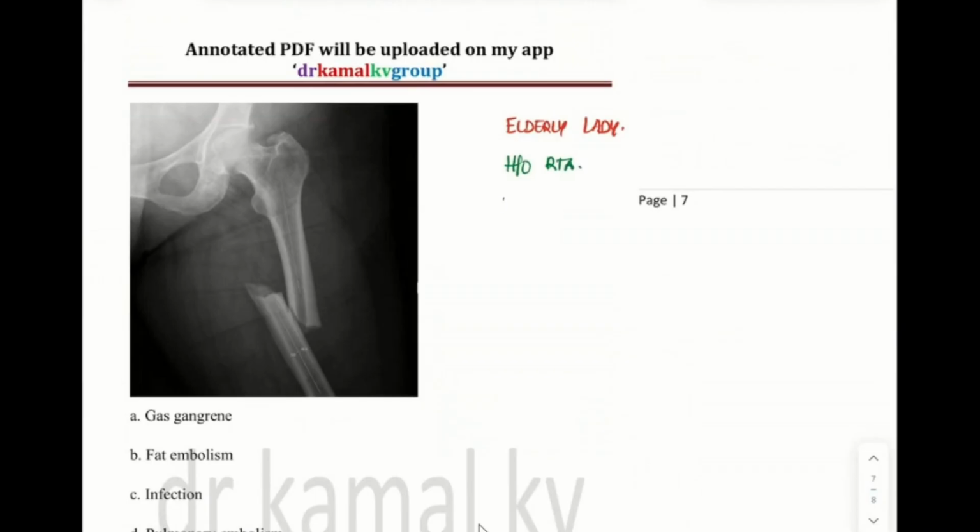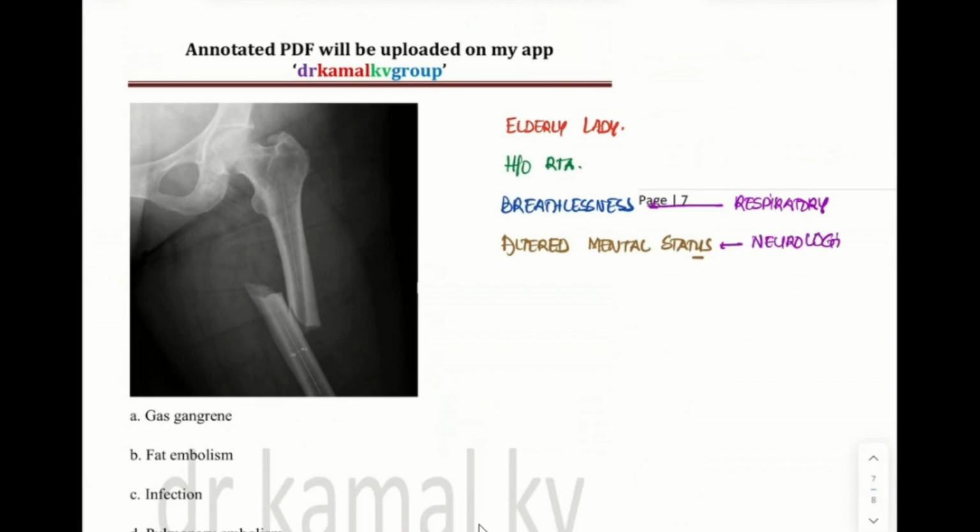Now, the lady is having breathlessness, and she's also having altered mental status. So, neurological involvement. So there is involvement of two systems. One is respiratory, so there is difficulty in breathing, and second, there is involvement of neurology, that is altered mental status. Now look at the X-ray.